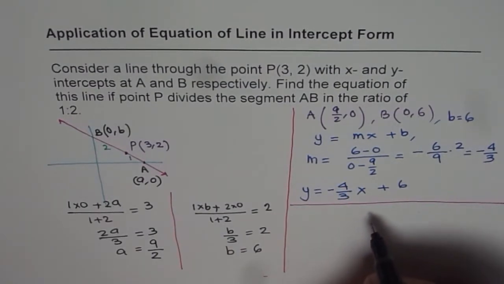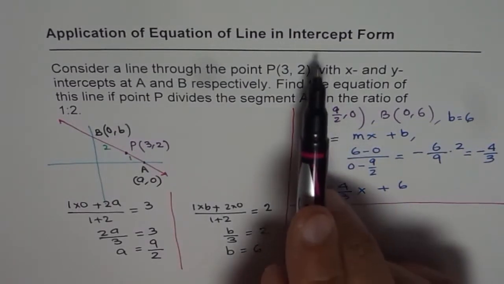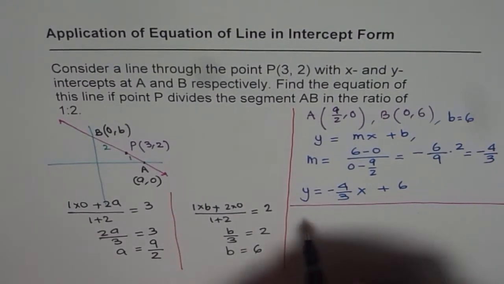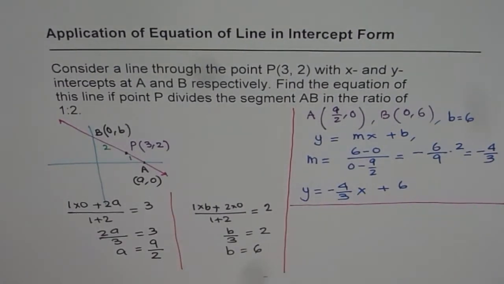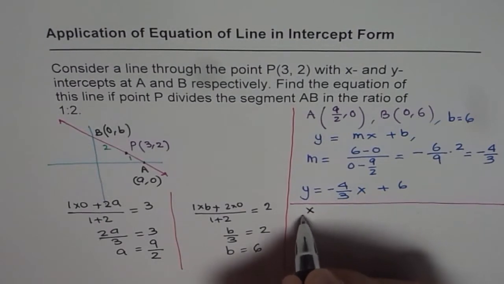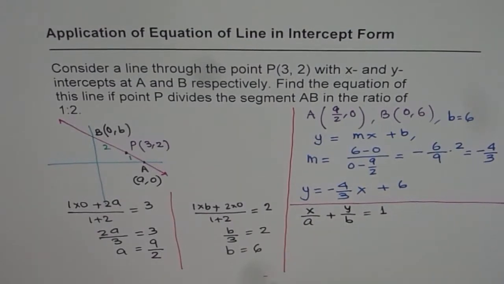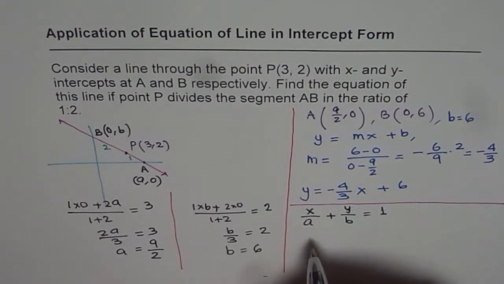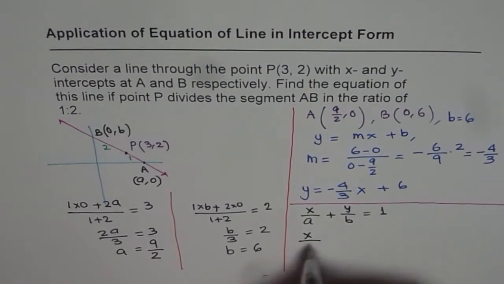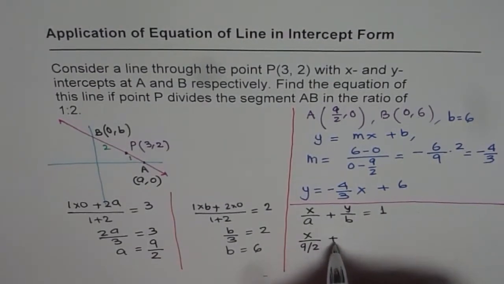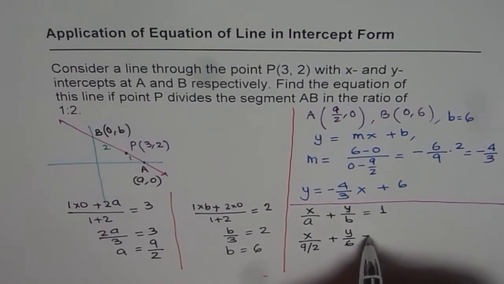The alternate solution, which we are trying to also do in most of the questions in this set of videos, is using the intercept form. Intercept form, as I said, is x over x-intercept plus y over y-intercept equals 1. Now since we got these values, we could have written the answer as x over 9/2 plus y over 6 equals 1.